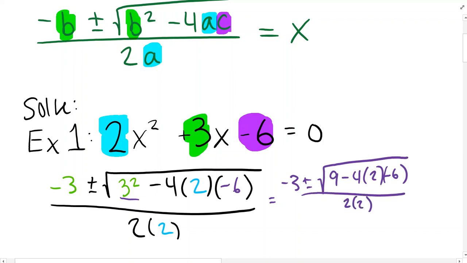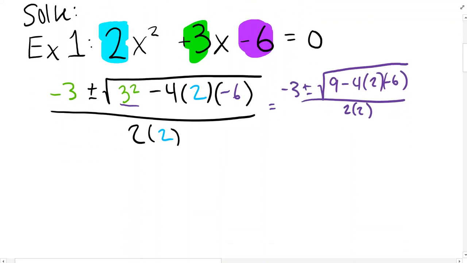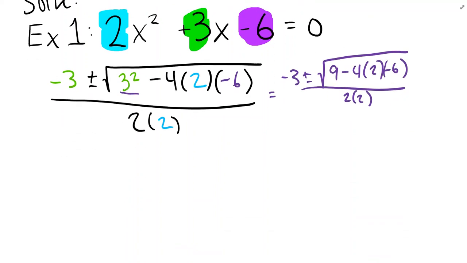Now I'm going to do those multiplication steps, and I get negative 3 plus or minus the square root of 9 minus 4 times 2 times negative 6. I have 2 negatives, so this becomes a positive. 4 times 2 is 8, times 6 is 48, so this is 9 plus 48.